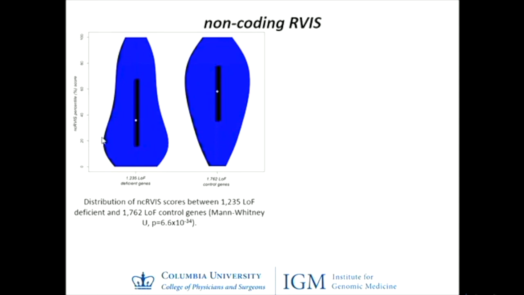And this is a violin plot showing that, based on these data, the non-coding sequence of loss of function deficient genes has significantly more intolerant non-coding regulatory sequence than that of loss of function control genes, which were defined as genes where we see about as much or more loss of function variance than we expect.